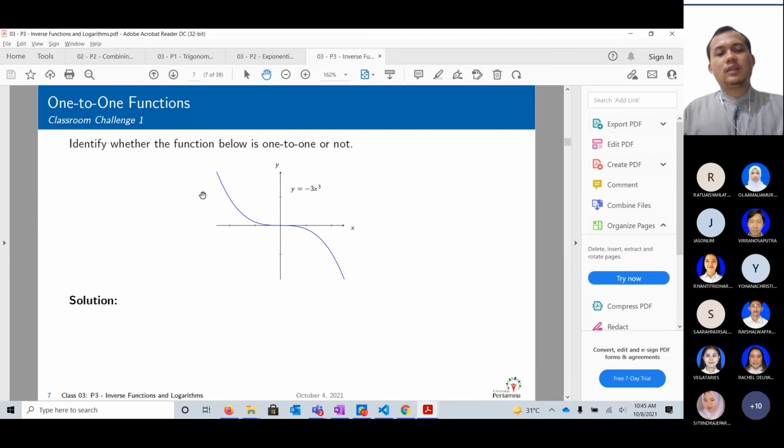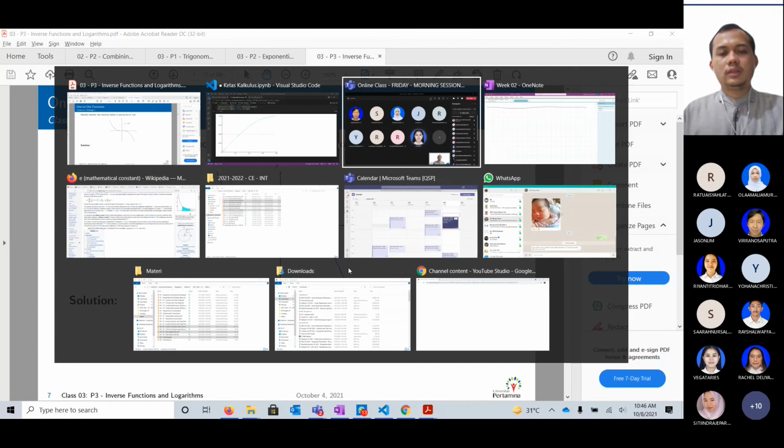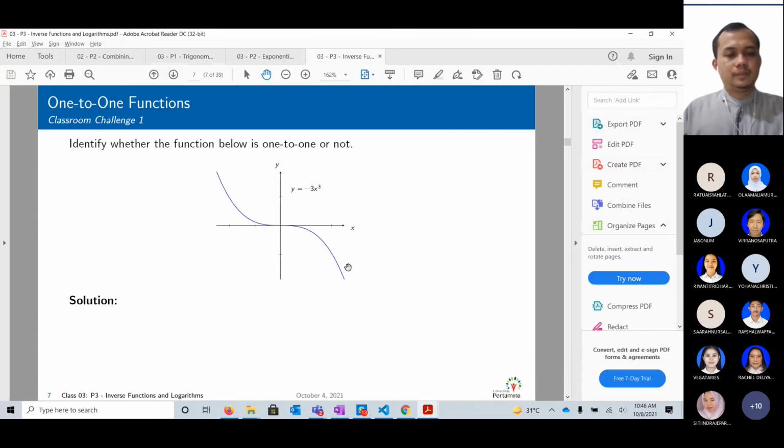So now, challenge. This graph is 1-to-1 or not? I think 1-to-1. That is the correct answer. Good job.